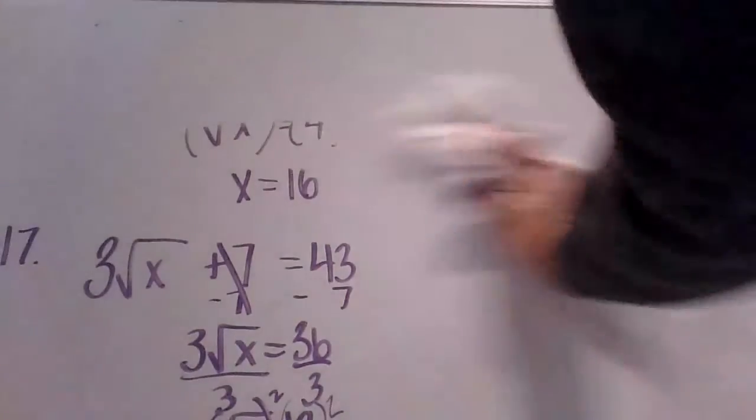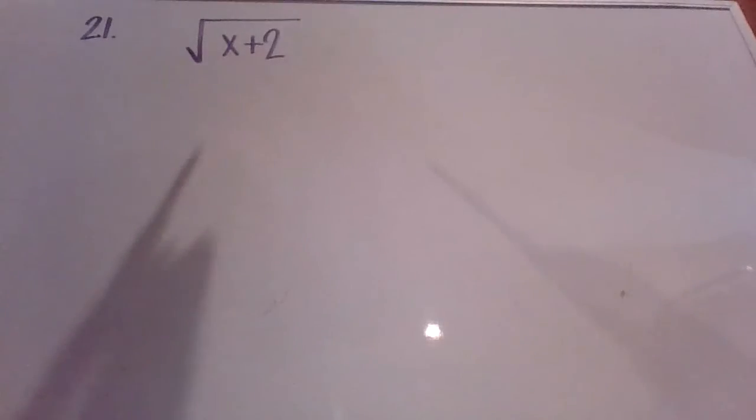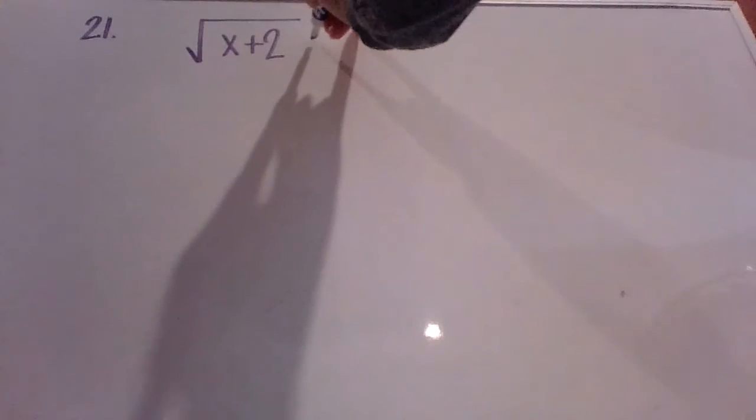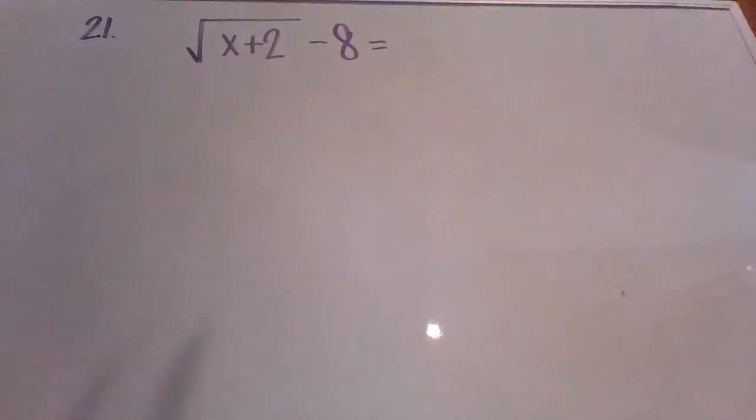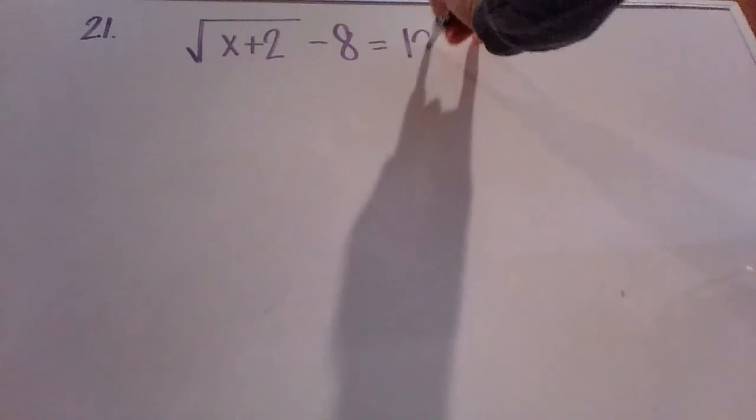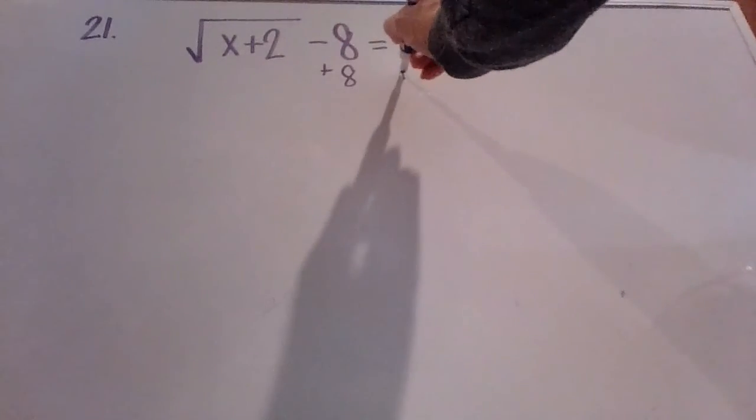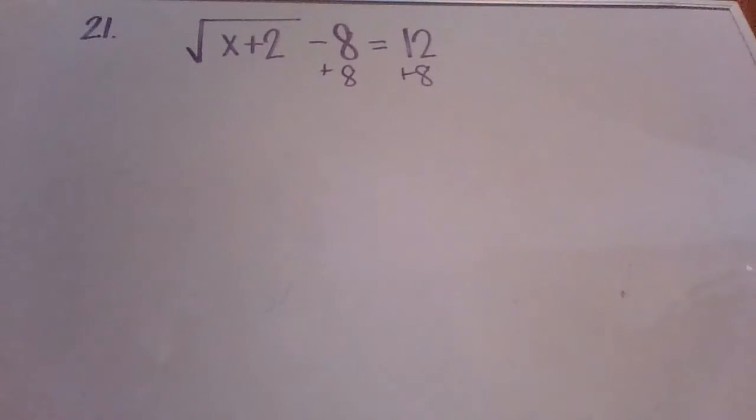Let's move on to number 21. Number 21 is the square root of x plus 2 minus 8 is equal to 12. We're going to add 8 to both sides.